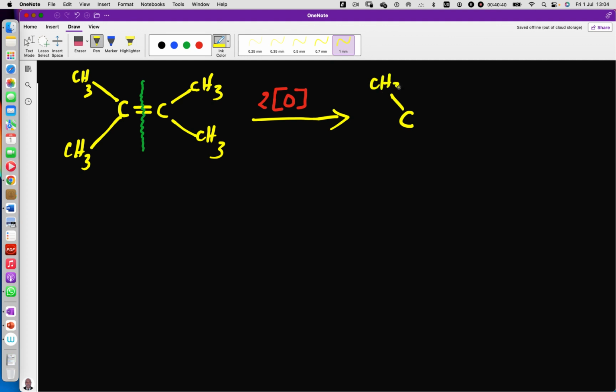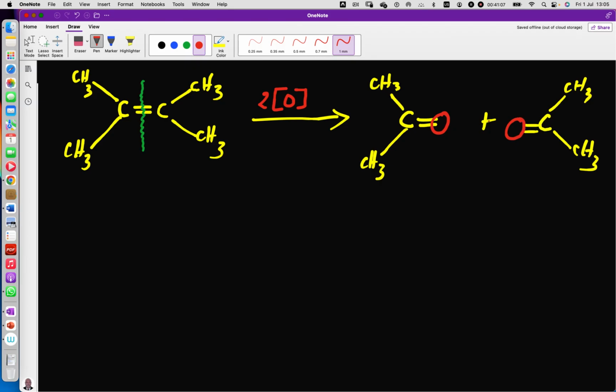CH3. It breaks the double bond into two equal parts, and this is what you are going to have, plus this other one. You're going to get this one and this one.